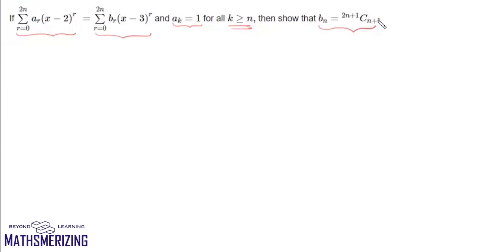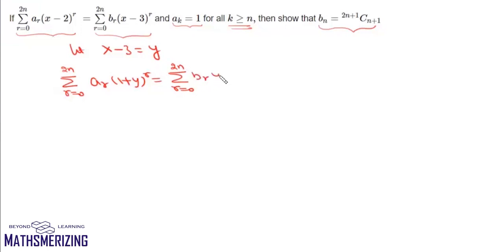Now what we'll do in this question is we'll change the variable. So I'll write let x minus 3 as some y. So I can write this as summation r varies from 0 to 2n. This is ar, and x minus 2 is simply 1 plus y to the power r, and this is summation r varies from 0 to 2n, and this is br into y to the power r.